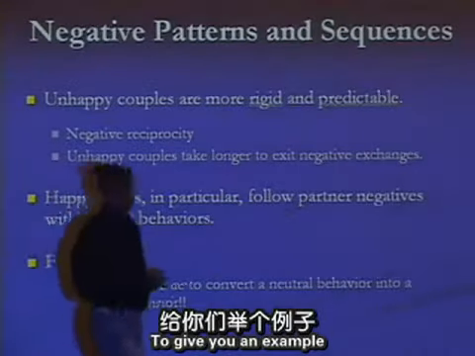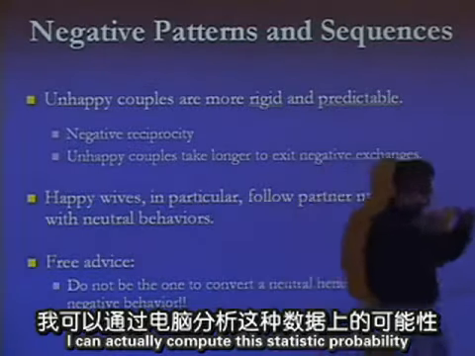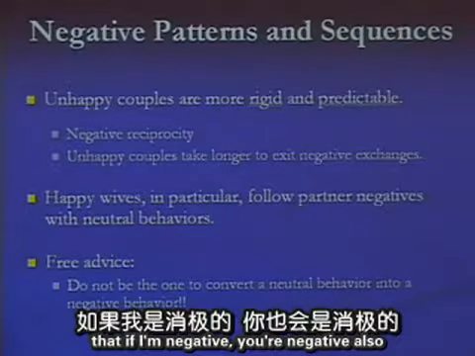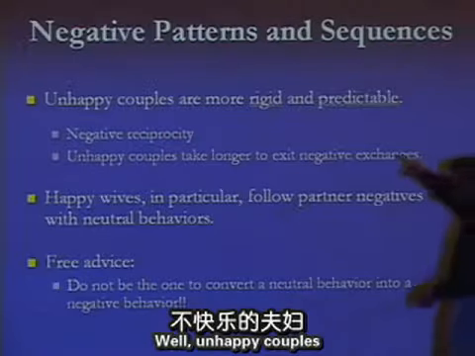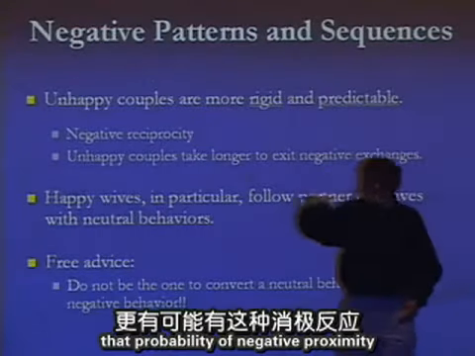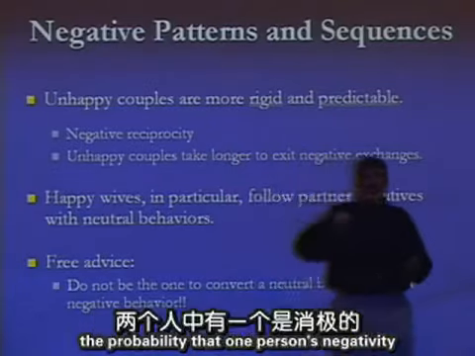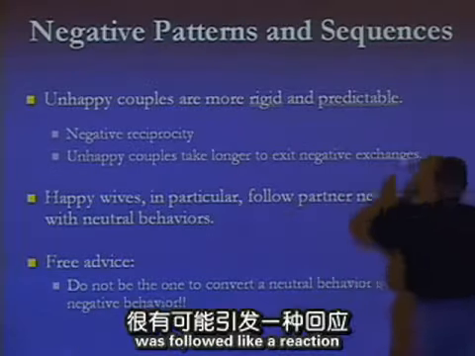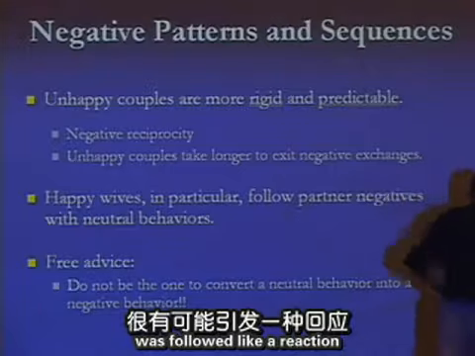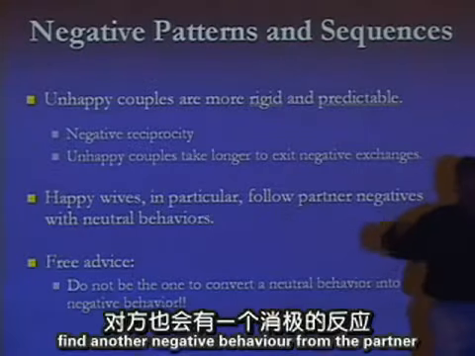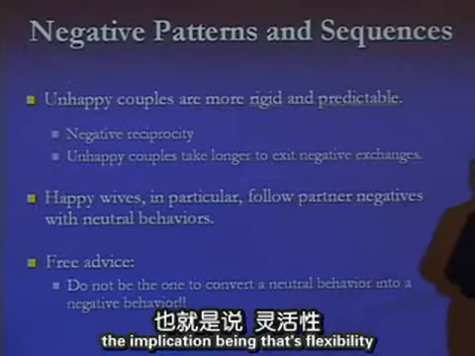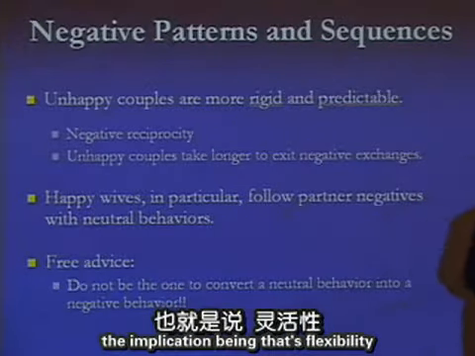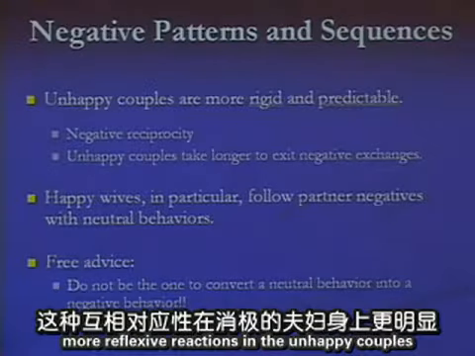To give you an example from one study, I can compute the probability that if I'm negative, you're negative also. Well, unhappy couples, the probability of negative reciprocity, the probability that one person's negativity was followed like a reflex by another negative behavior from the other partner, was significantly higher. The implication being less flexibility, more reflexive reactions in the unhappy couples.